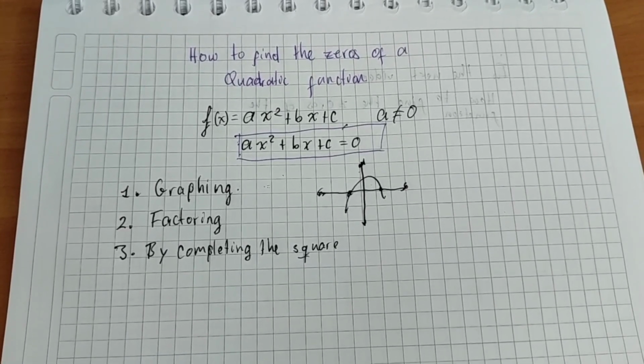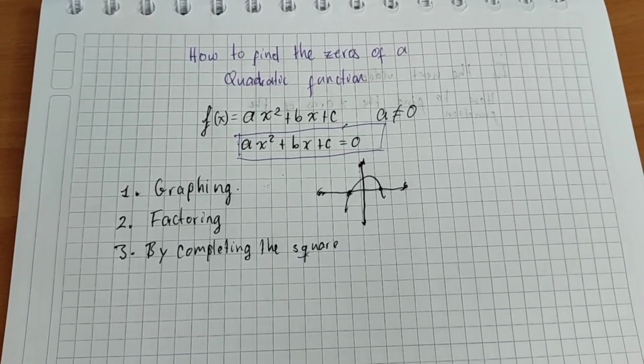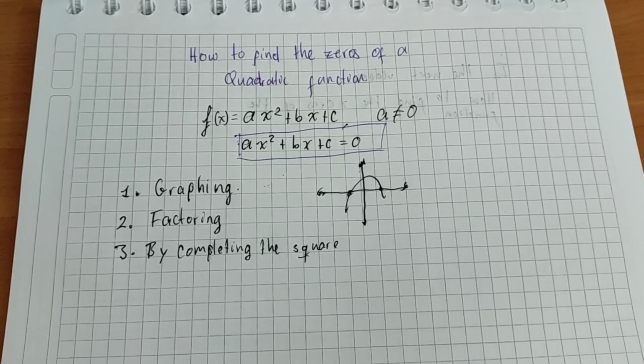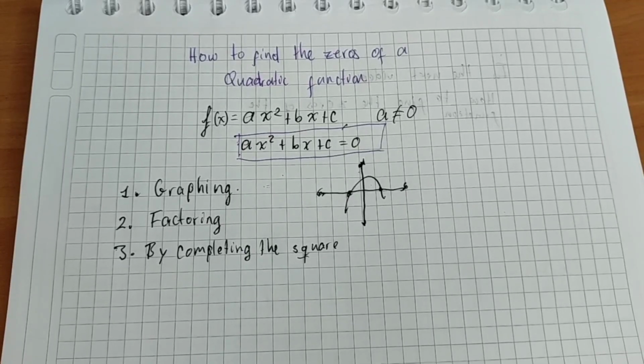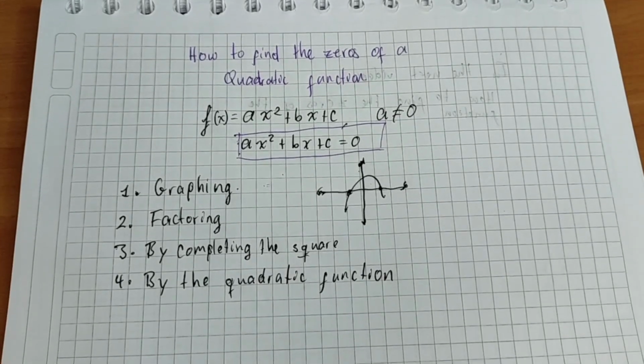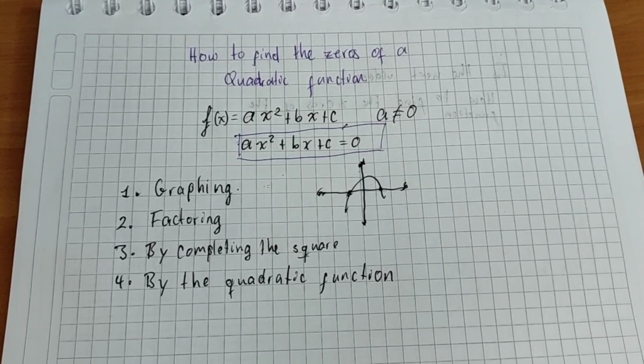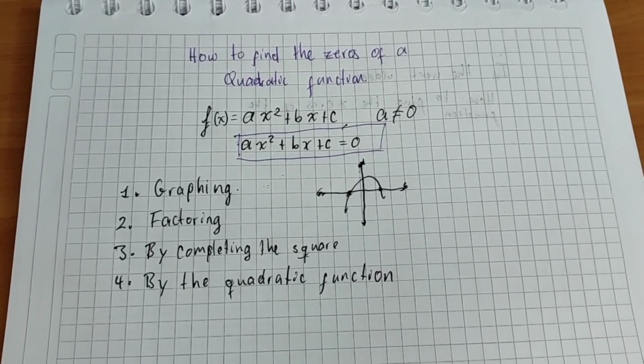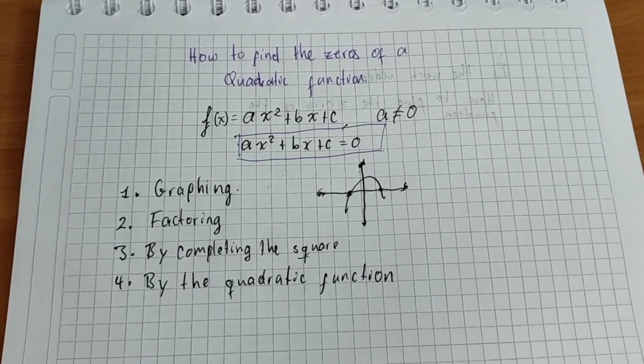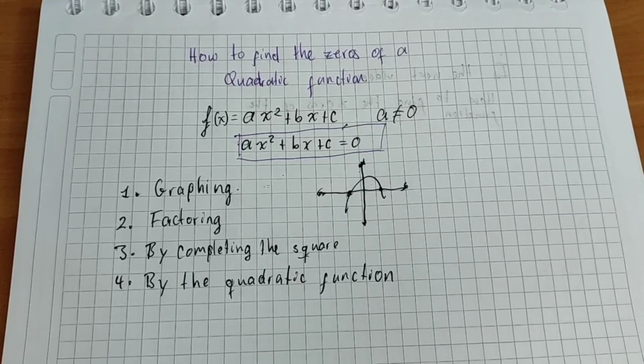Completing the square is a third alternative that we're going to explore in this channel, and that is going to be very useful. So useful that it's going to take us to a fourth method that we have to solve this problem, that is the quadratic formula. The quadratic formula is one of the most straightforward methods, one of those that is going to take you without any problem to a solution of any quadratic function that you may think about.